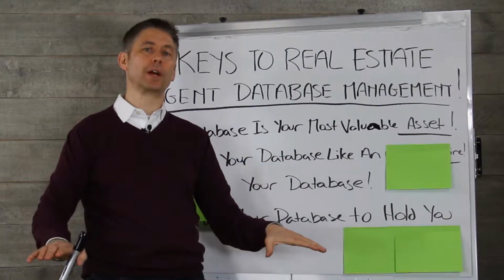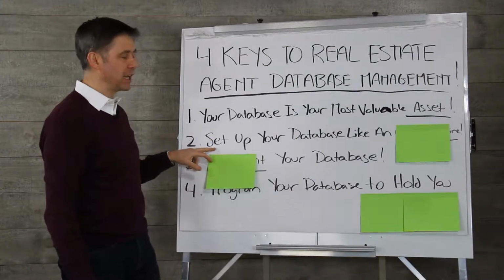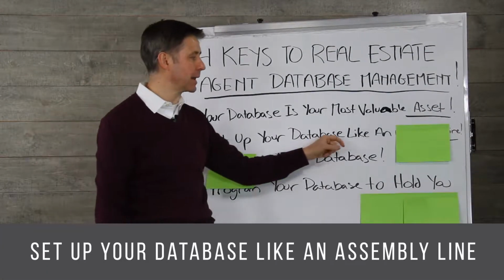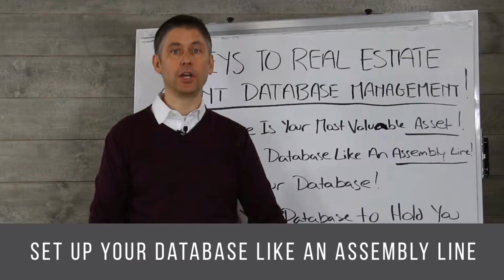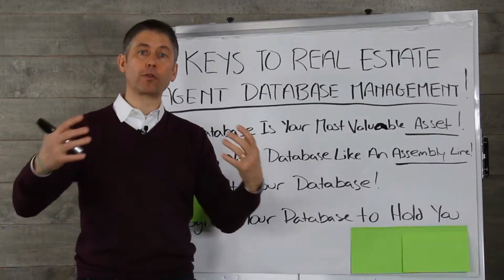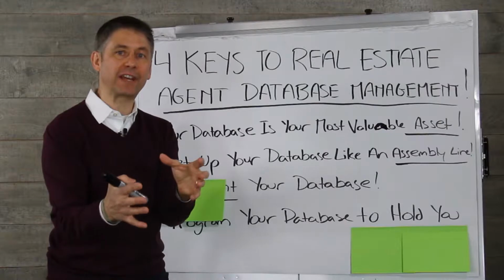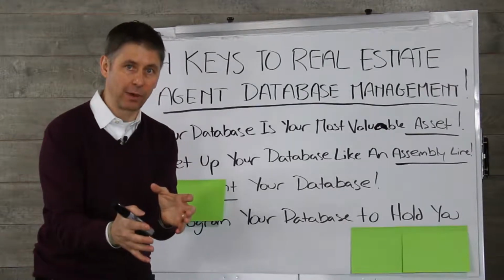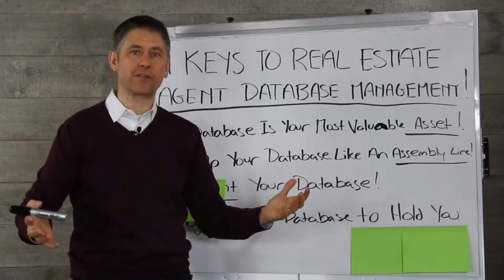So that begs the question, well, how do you get that done, right? So number 2, if you start by setting your database up like an assembly line, you'll really be well off. Now remember, in other segments we've talked about the overall business and marketing, which is hopefully going to bring that traffic in. Contacts, right? You hear contact management systems and you hear all these different words.